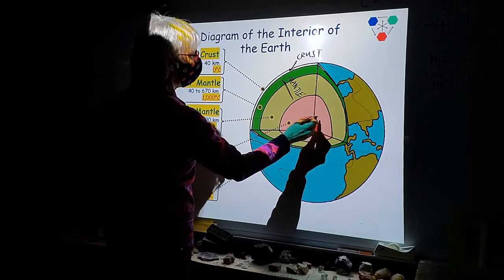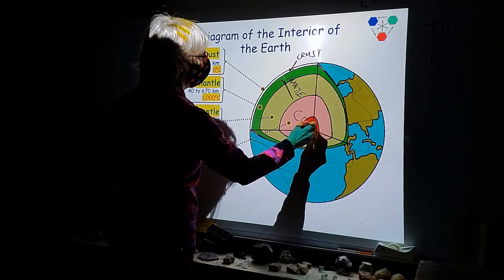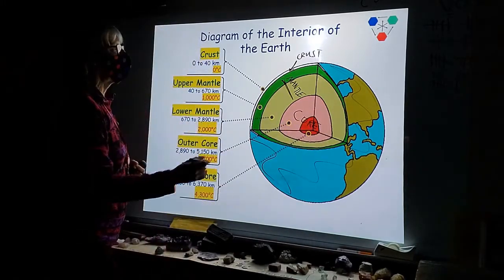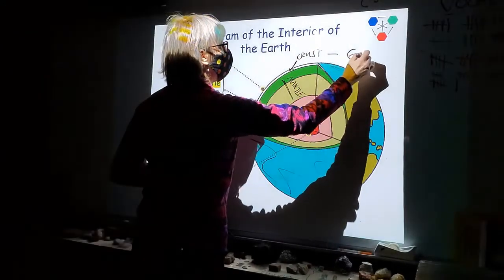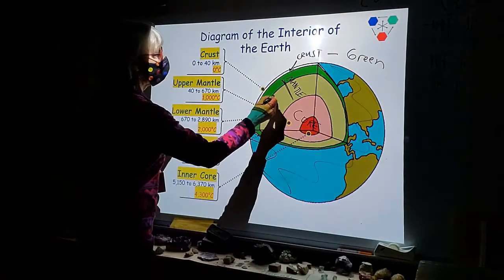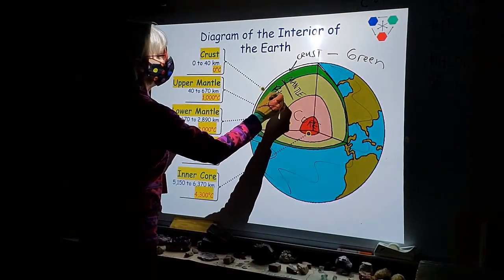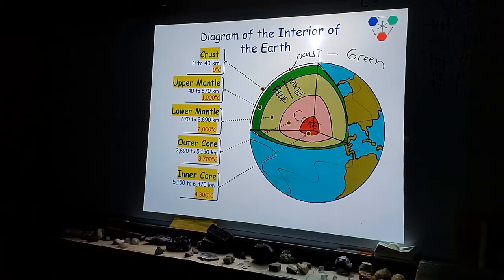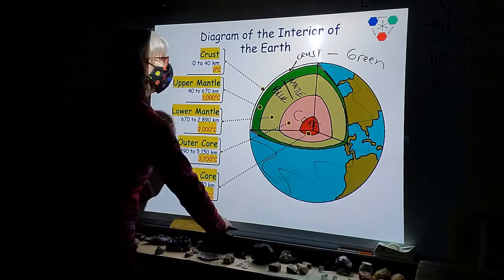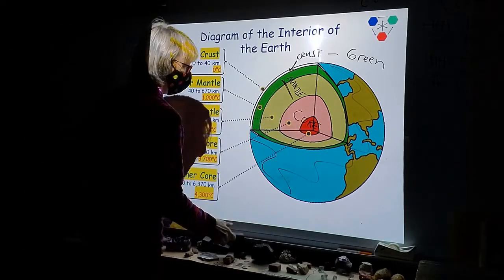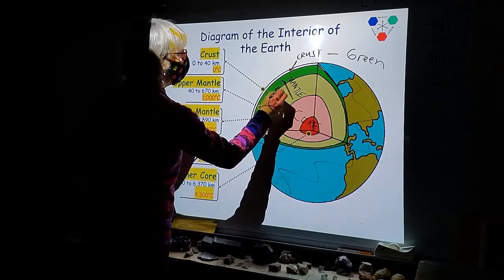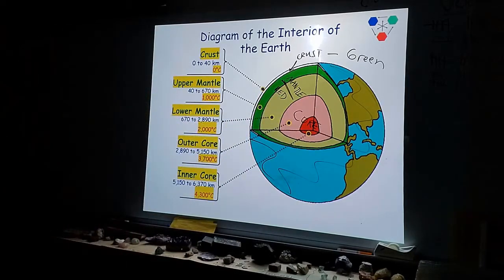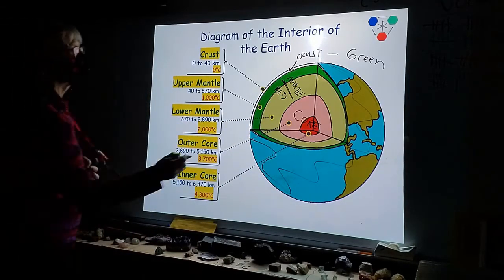And then these right here are your core. So I would like the crust colored green. I want to make sure I get the same colors as on your test. Mantle red. And the core will be blue.